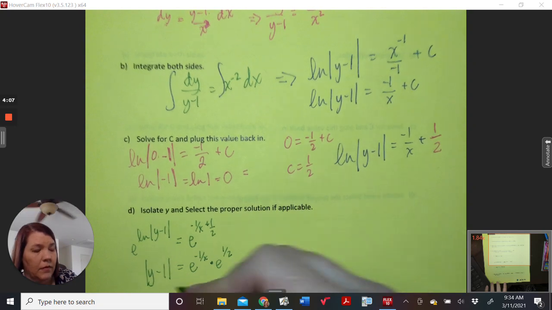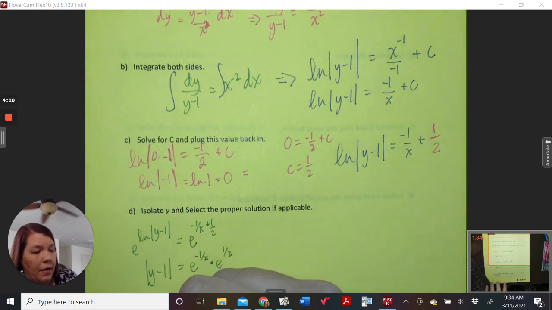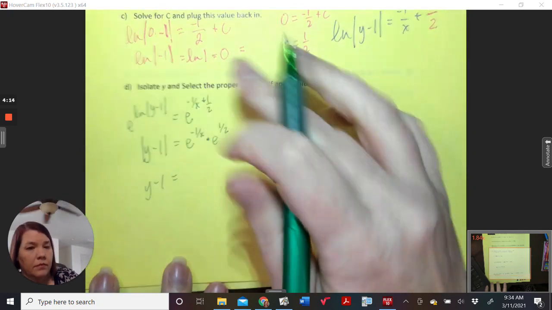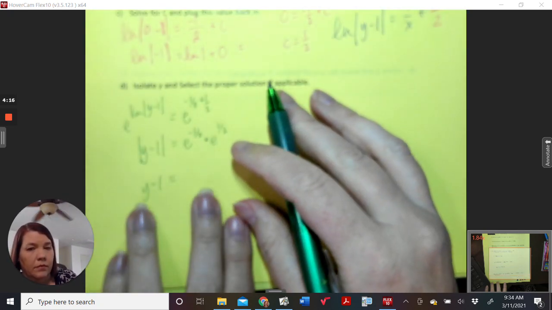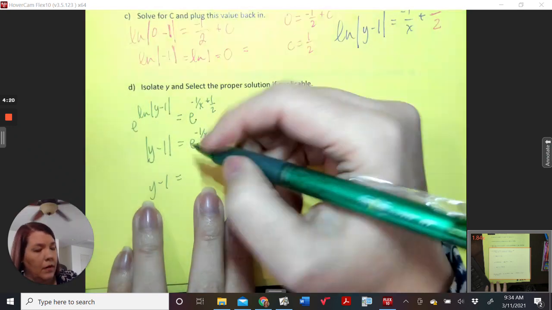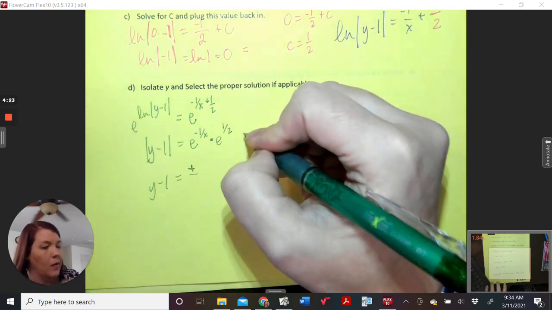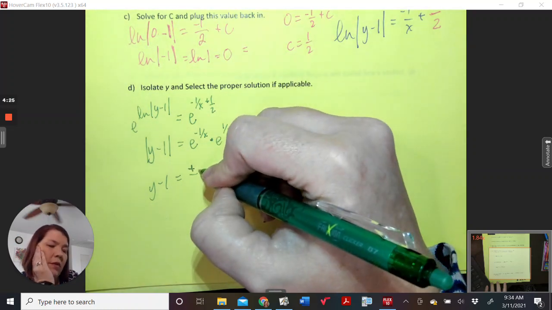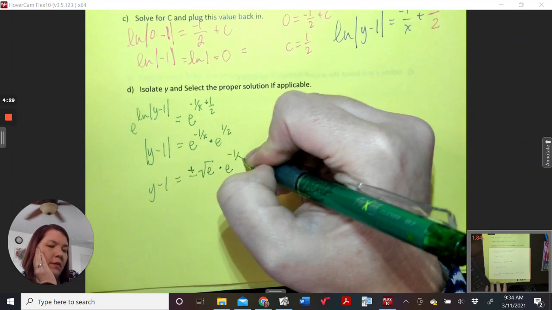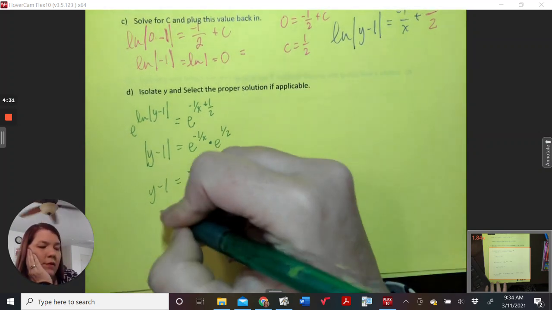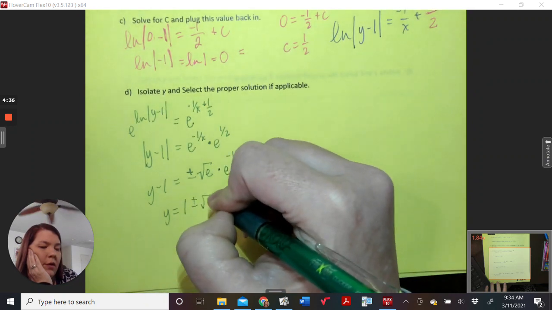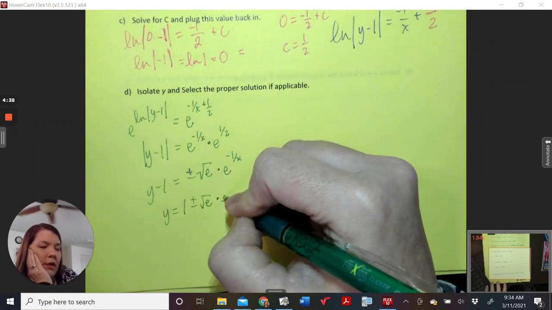And so y minus 1 equals plus or minus e to the 1/2, which is the square root of e, times e to the negative 1 over x. And so y equals 1 plus or minus square root e times e to the negative 1 over x.